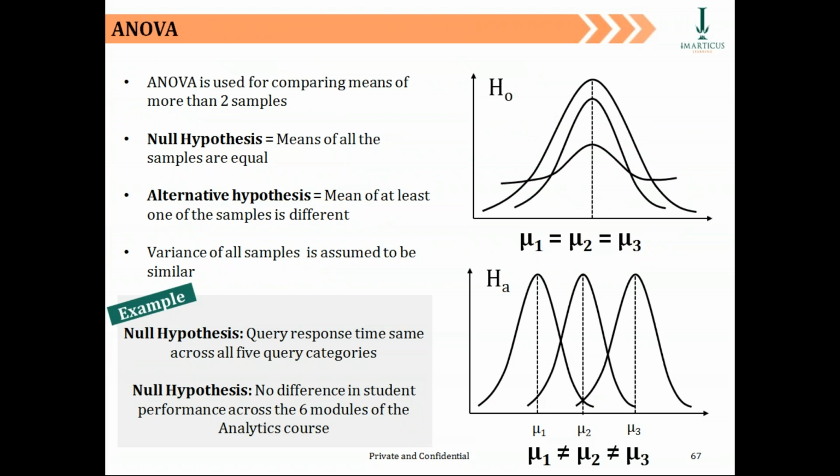ANOVA is where we have more than 2 samples, here 3 samples are given, and on top of that we need to get an answer: are all 3 behaving in a similar way, or not? Clear?